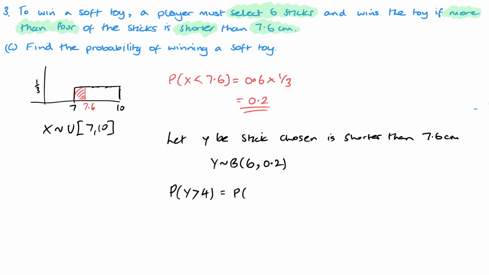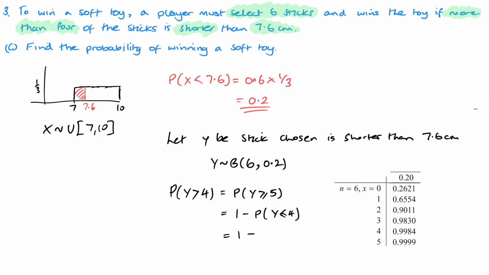Which is the probability of Y being greater than or equal to 5. You know, I always like to, for discrete data, make it greater than or equal to or less than or equal to. So now I can see that this is 1 minus the probability when Y is less than or equal to 4. At this point, you can go to your tables or you can go to your calculator.